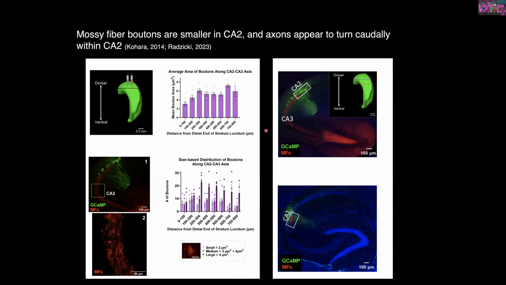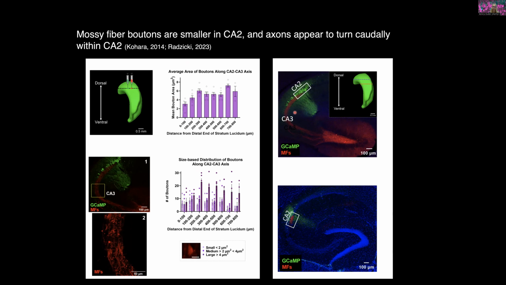Okay, so mossy fibers are distinct in CA2. They tend to be smaller than the boutons. This was consistent with what Kohara had reported. But what is super interesting, and it's worth repeating because I think it's an interesting finding, is that the dentate gyrus axons come around the curve of CA3. So this was an injection, the red into the dentate gyrus comes around, and we can see, of course, them in CA3.